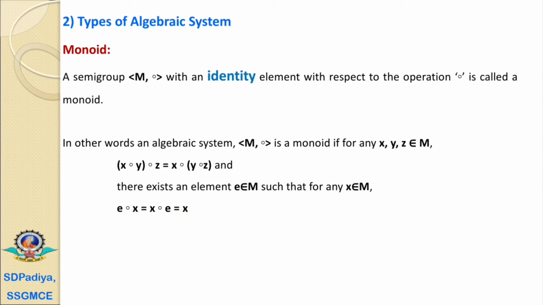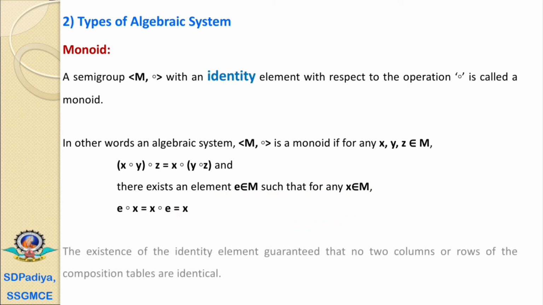So any algebraic system which is associative and has an identity element, we call a monoid. The existence of the identity element guarantees that no two columns or rows of the composition table are identical.